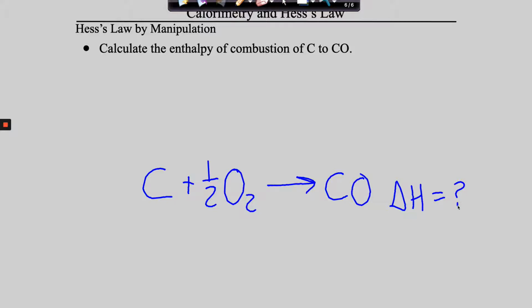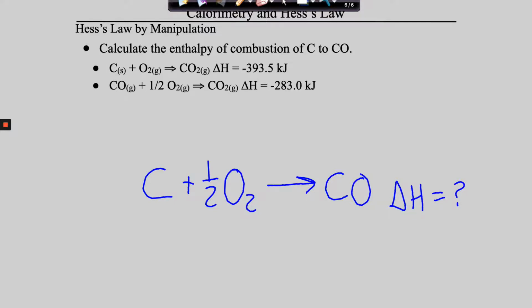Guys, and this is actually a question off of an old AP test. This is what they give you. They actually give you the enthalpies, the heats of reaction, for 2 other reactions. And at this point, I'm going to switch to a blank screen, and we're now going to fully solve this together as a model for how to do this.